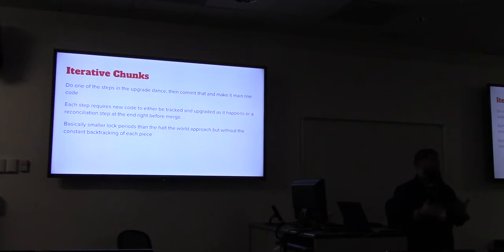And it means that we have to be constantly pulling their changes in, because they're essentially moving the target while we're trying to upgrade it. It does mean that you want to either track or upgrade as new code comes in. So you want to merge often while you're doing this. And essentially it's the halt the world process in miniature, right? We're going to do the halt the world to merge stuff in 5 or 6 times instead of one big time.